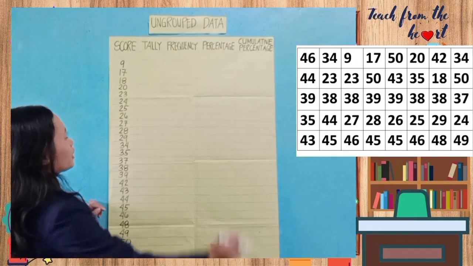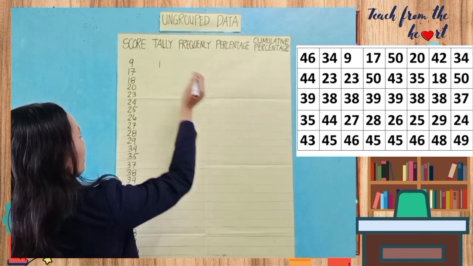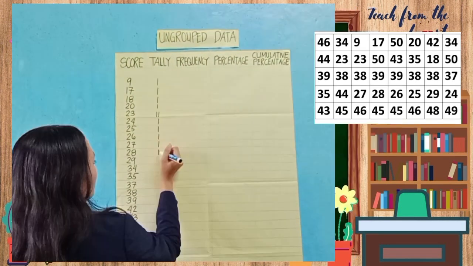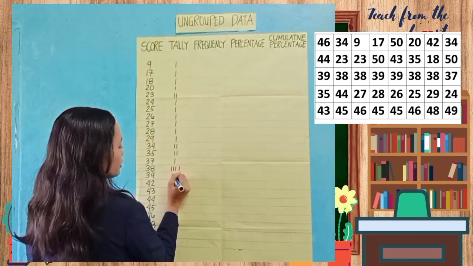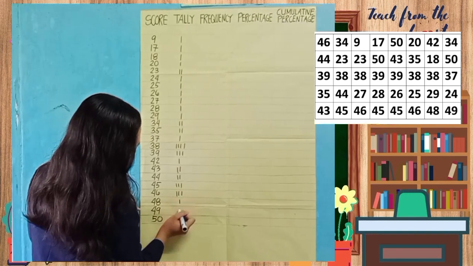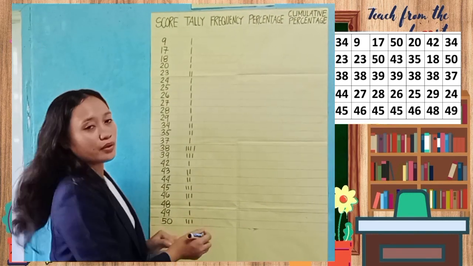There is only one student. In 17, there is also one student. In 18, there is also one. And lastly, three students got 50.